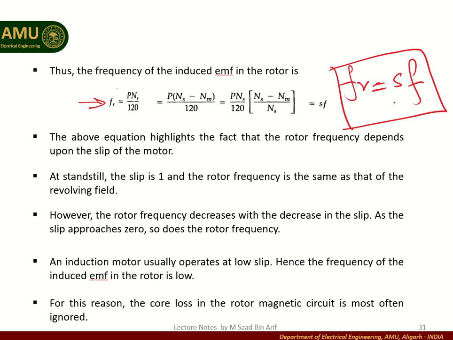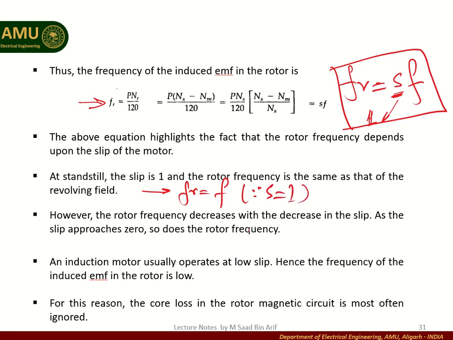From the above expression, you can observe that the rotor frequency depends upon the slip of the motor. At standstill position, slip is 1. It means at standstill Fr is equal to F, since S is equal to 1.